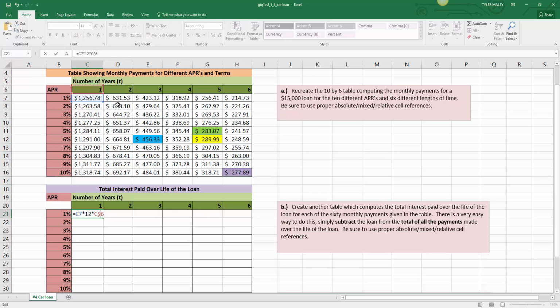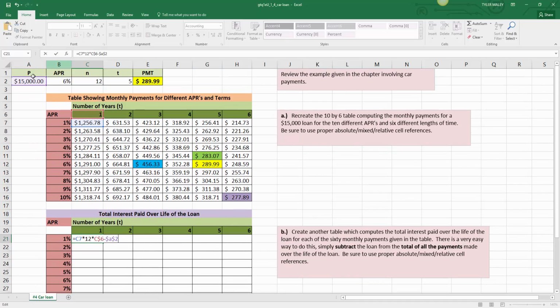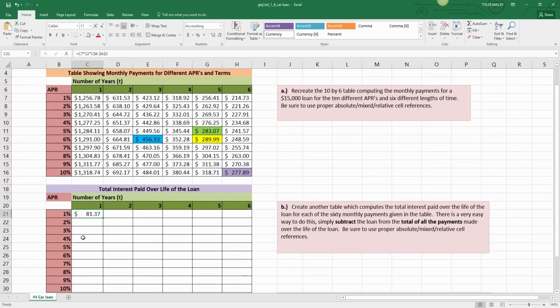I want it to move freely, depending on what direction I'm moving. And then I'm going to subtract off the principal, which would be $A$2. If you remember, A2 was our principal, up here in the top left. So then I could hit enter, right? So now this box is calculating how much interest has been paid.